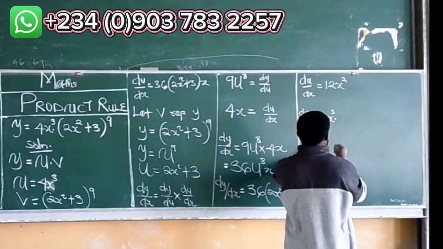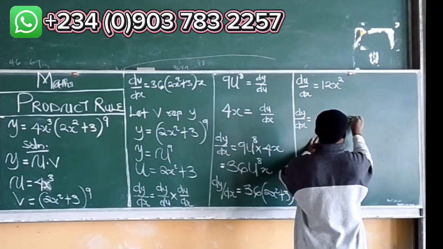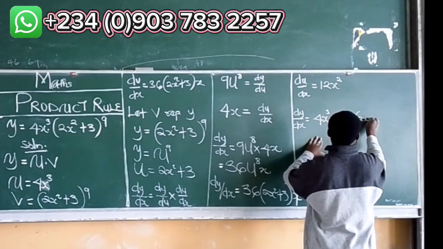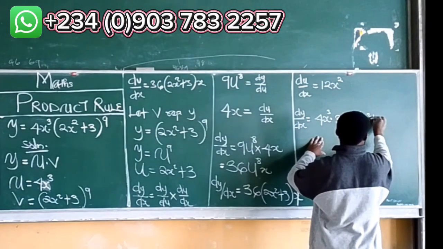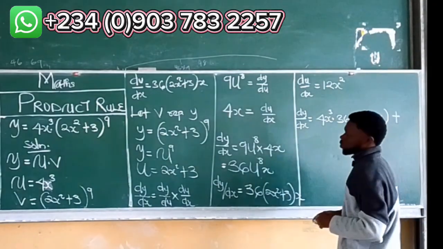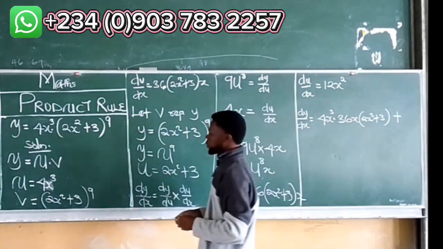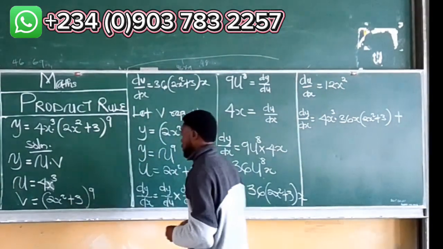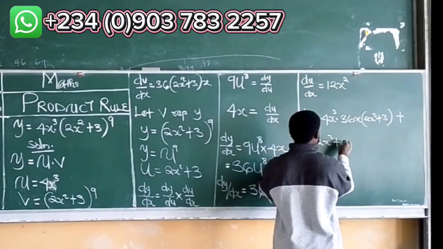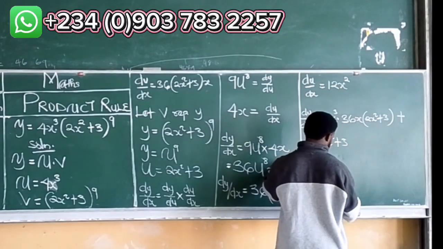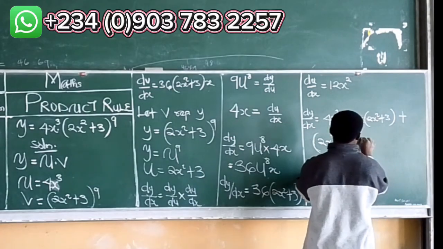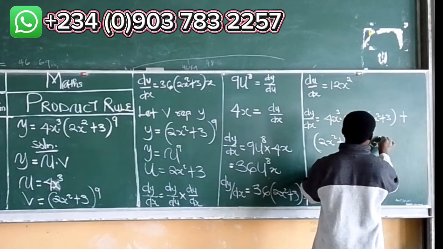So let's use 36x, then in bracket 2x squared plus 3, plus v on the board, which is this bracket. So 2x squared plus 3 raised to the power of 9 is 12x raised to the power of 2.